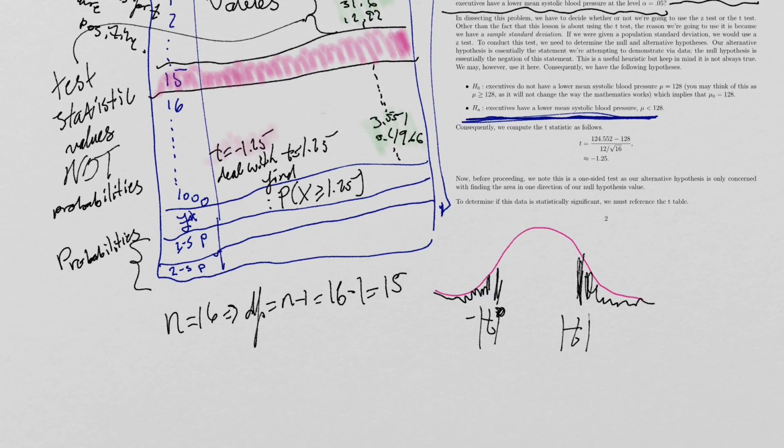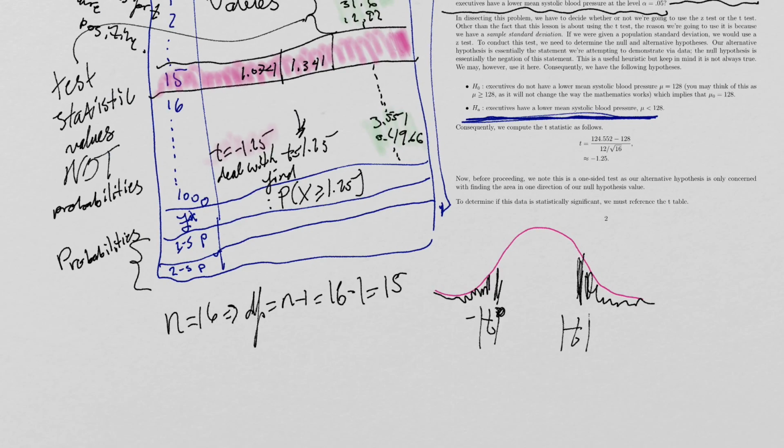How we're going to deal with this is we'll look at our t-tables, and if you look at the one in the back of your book, and you go to the row that says degrees of freedom 15, and you go to the right, you're looking through all these values, and you start seeing 0.691, 0.866, 1.074, 1.341. So what we found is a 1.074, and we found a 1.341. The table skips right over this 1.25.